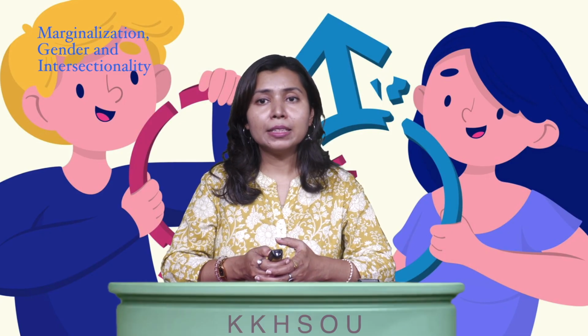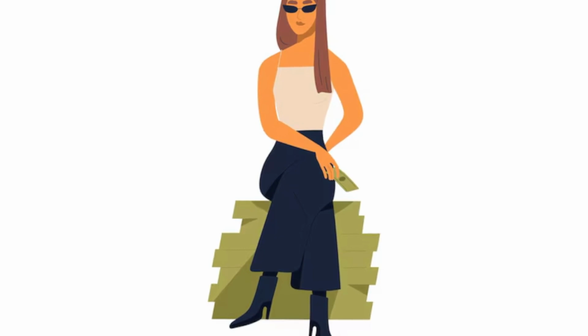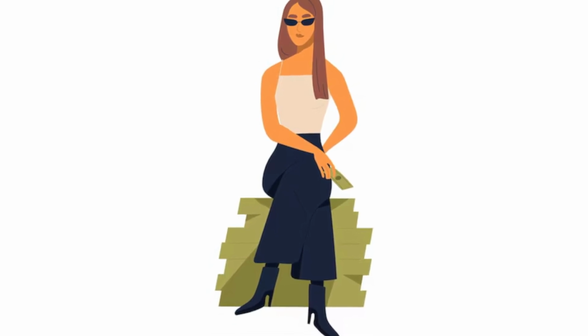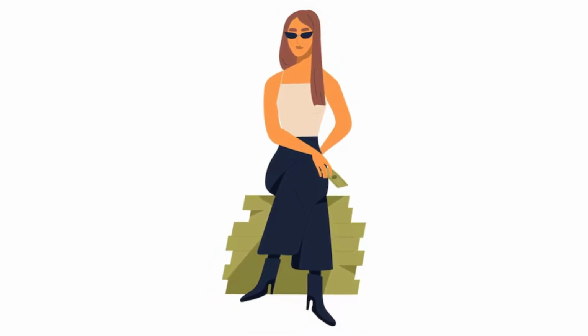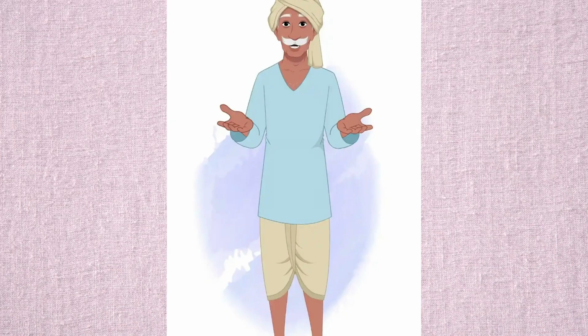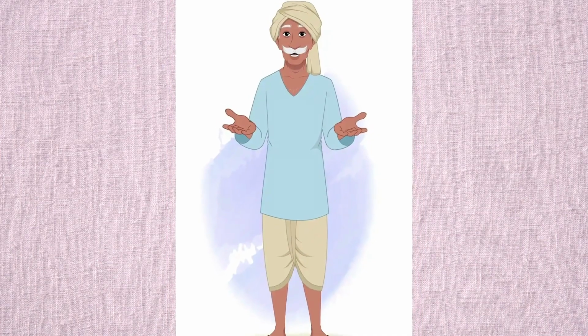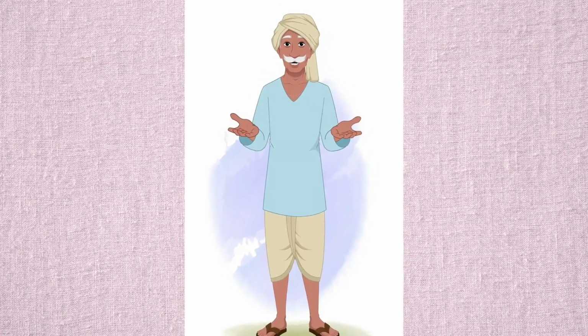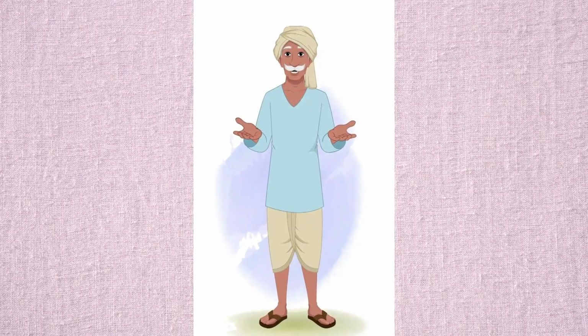Individuals hold multiple identities simultaneously, some conferring privilege and others conferring disadvantage. A wealthy white woman may experience gender discrimination while benefiting from race and class privilege. A poor white man may face class disadvantage while benefiting from white privilege and male privilege.